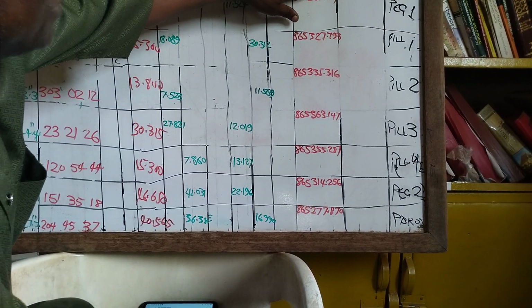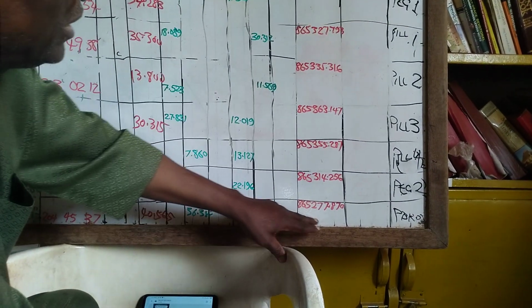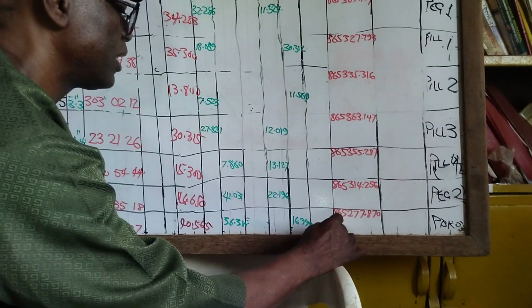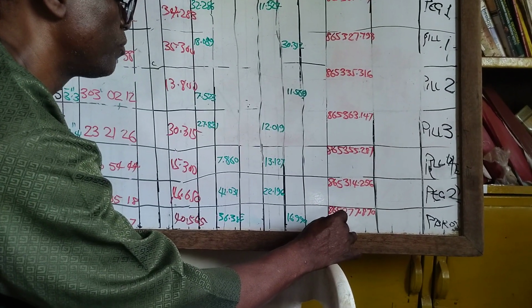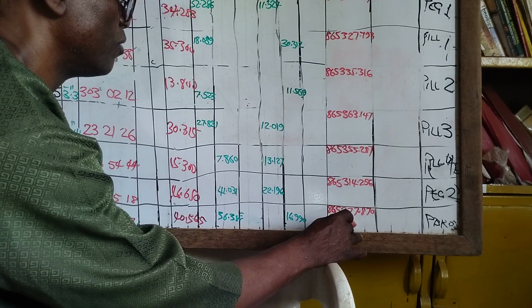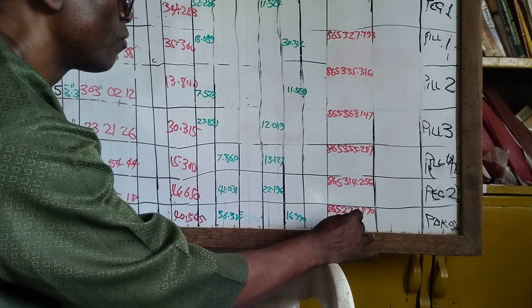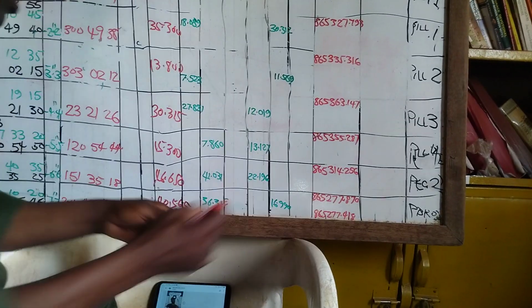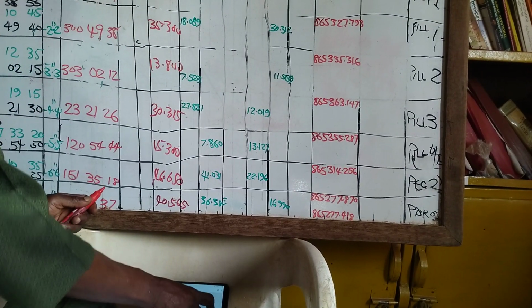Now look at PBK 03. We started with 277.418. We are ending with 277.870. So we write 865277.418 here, and that will give us an indication of what the error is.